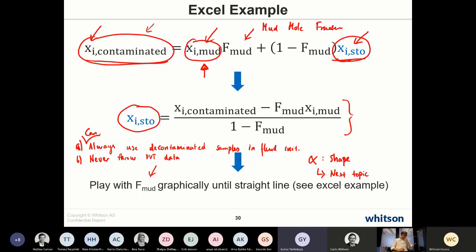Would you go for the PVT experiment knowing the contamination level is so high, or would you prefer to just trust the theoretical PVT simulations or calculation? So the question is spending money on PVT lab tests. Is it worth it, knowing that it's heavily contaminated?